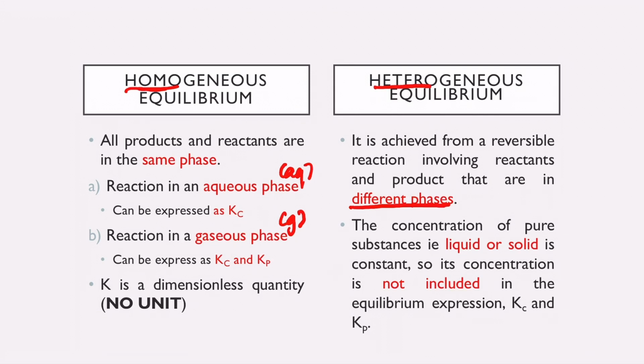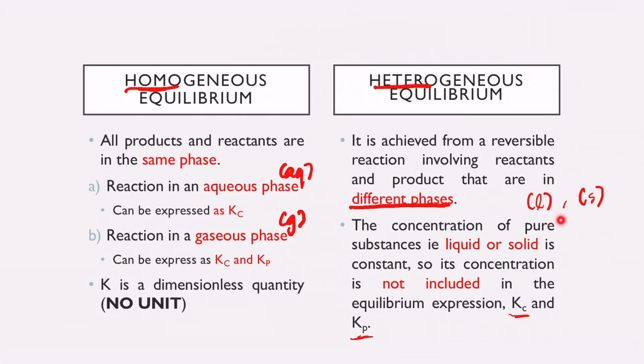Alright. So the concentration of pure substances, i.e. liquid or solid, is constant. So its concentration is not included in the equilibrium expression Kc and Kp. If you have a liquid or solid reactant or product in your chemical equation, in your reversible reaction, then you are not going to include them in your Kc or Kp expression because their concentration stays the same throughout the reaction.